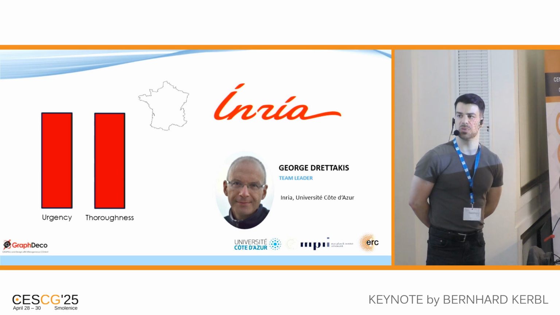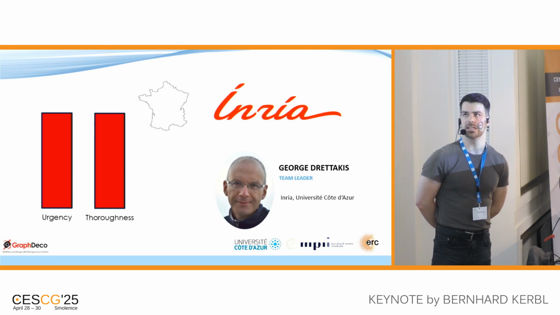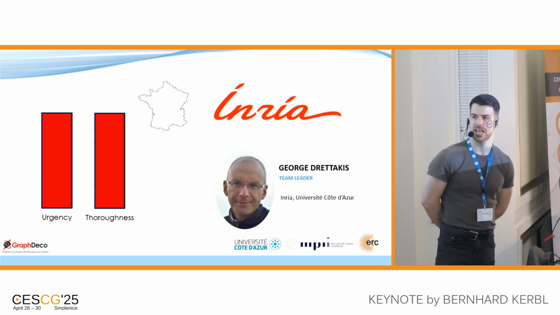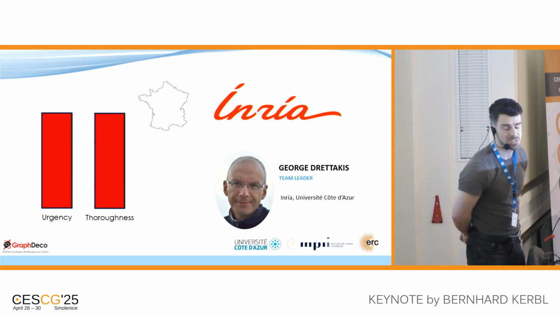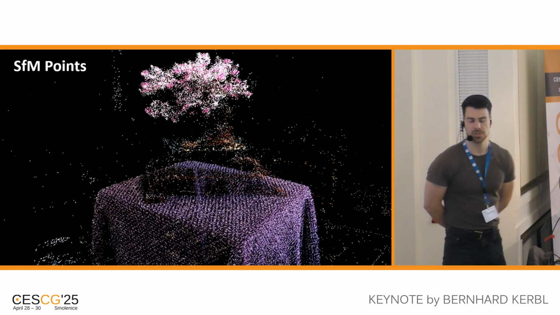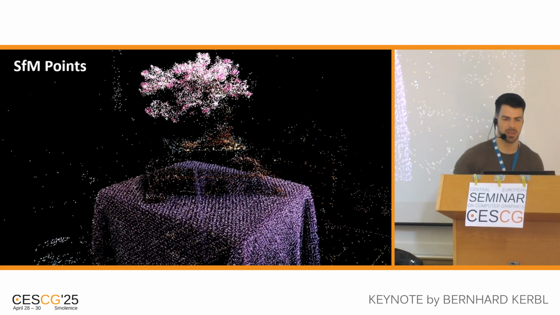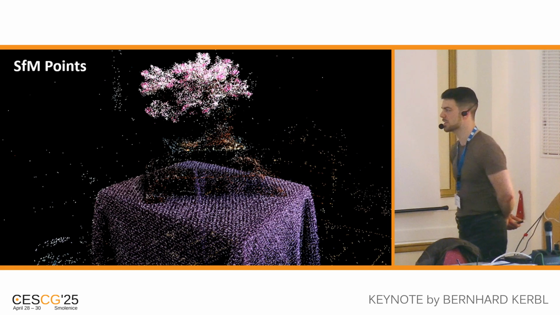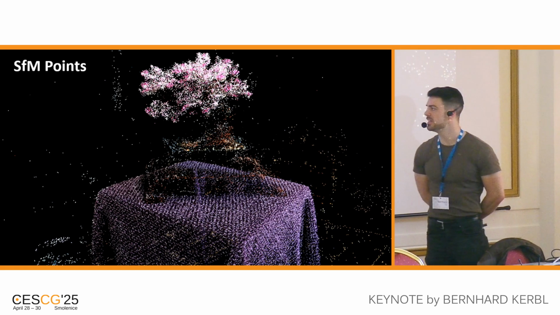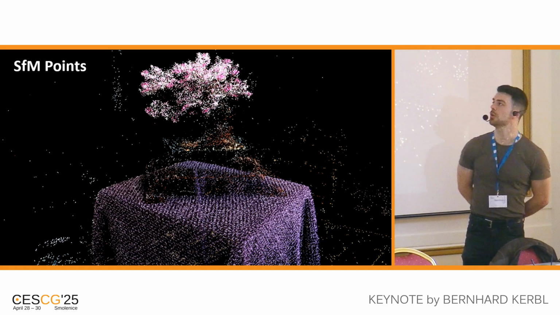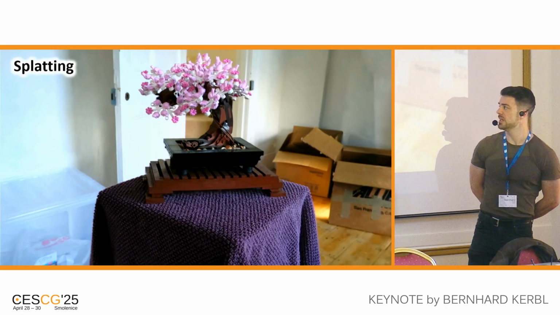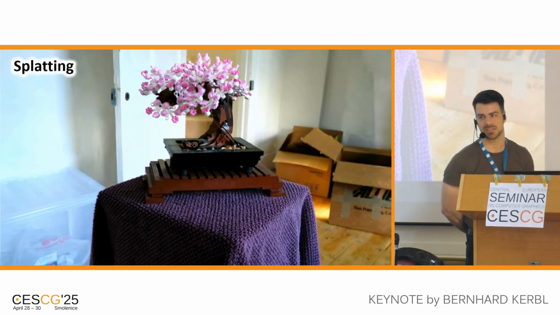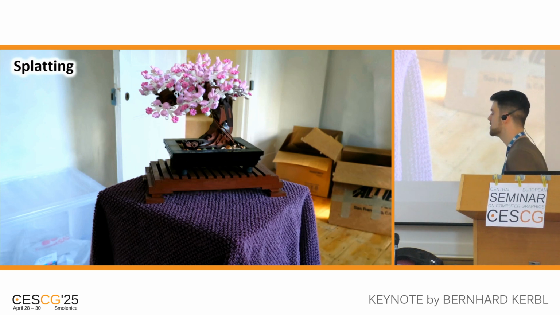So this would be the first configuration that I would like to highlight here, basically working both with urgency and with thoroughness. And I would say the result of this configuration was the 3D Gaussian splatting approach, which basically, if you start from a somewhat coarse point cloud, you can then optimize Gaussian splats from these points, and these Gaussian splats are then, with gradient descent, optimized to actually fit the images that you provide.